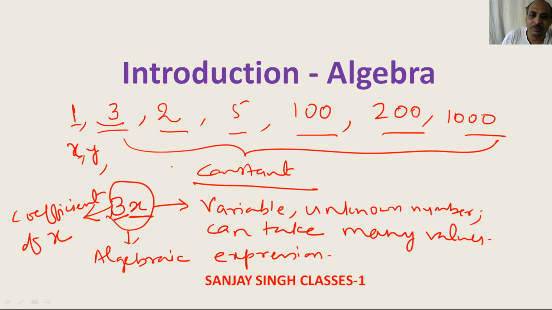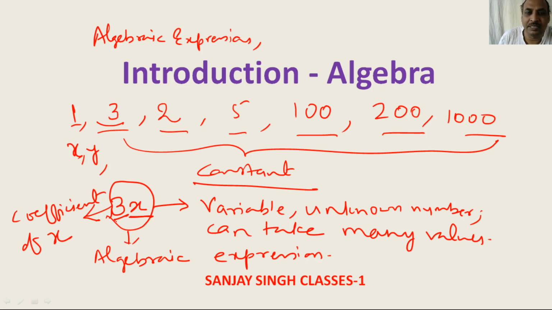Okay, so this will be called an algebraic expression. So we can say also that all these algebraic expressions are polynomials. We can say monomial, binomial, trinomial or polynomial.